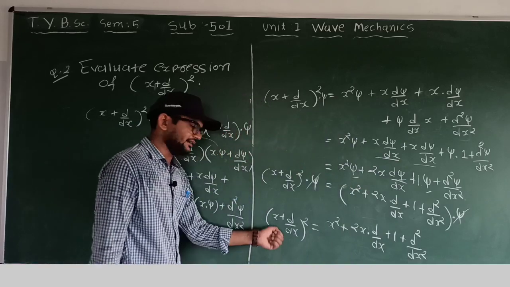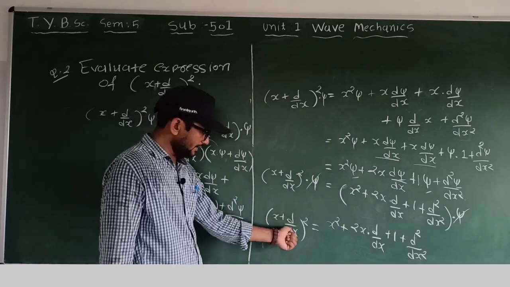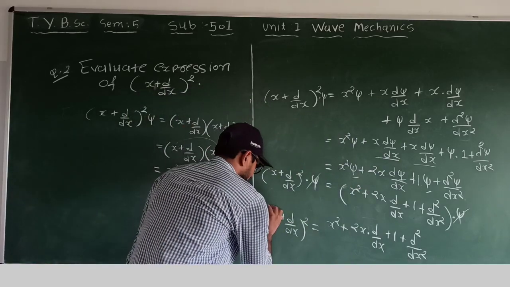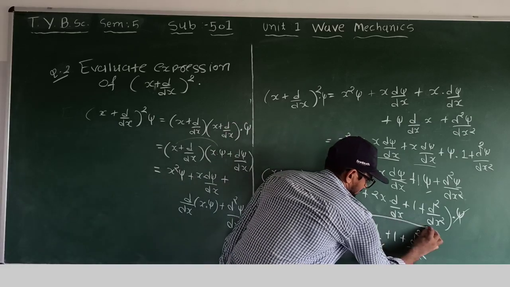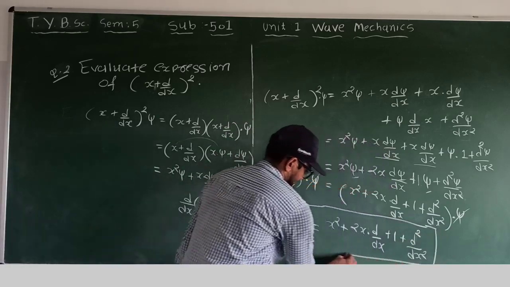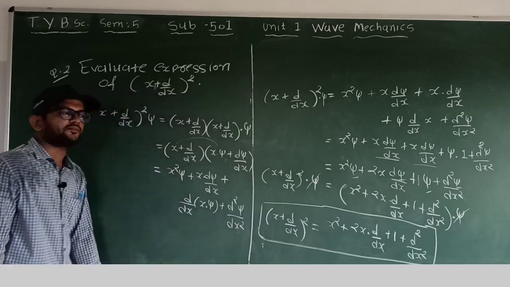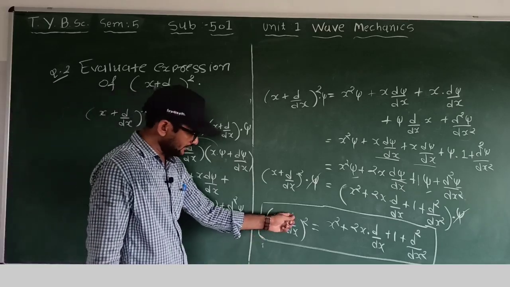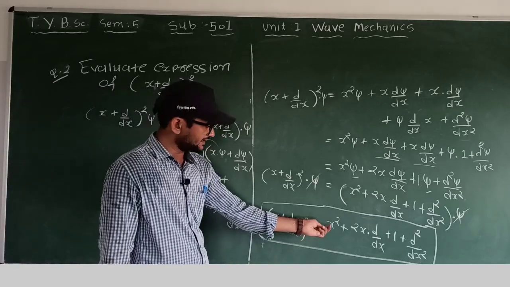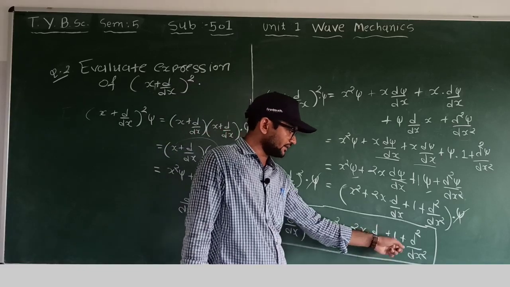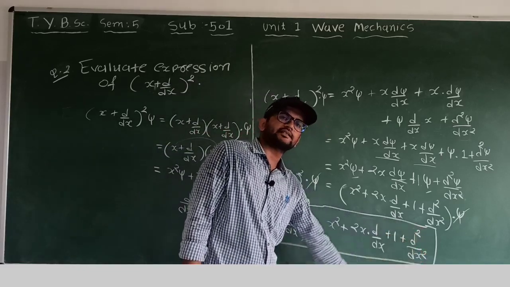So this is the final expression of (x + d/dx) squared, that is x square plus 2x d/dx plus 1 plus d square/dx square.